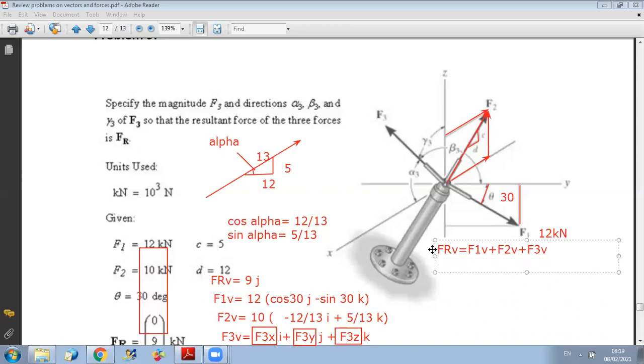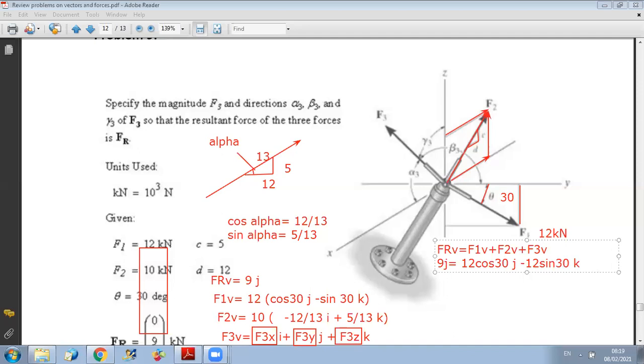And now I will replace each vector by its expression. For FR resultant, it's 9j, so 9j equals. For F1, I already found it, it's 12 cosine 30. So let me do the development.